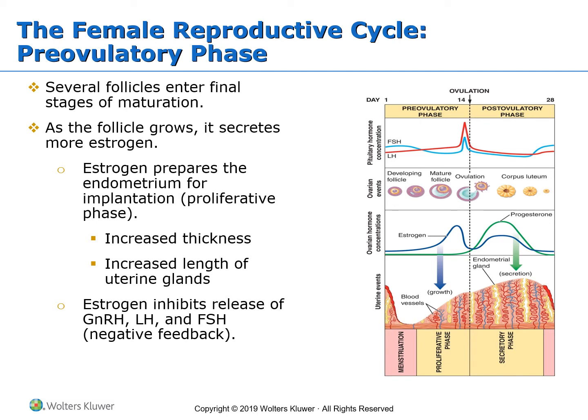While it's growing, the follicle will start secreting increasing amounts of the ovarian hormone called estrogen. Now look at the third row from the top, and you can see how, along with the maturation and accumulation of fluids inside the follicle, there is an increase of estrogen up to a point very close to the moment of ovulation, when it reaches the top. It's the maximum of the secretion of estrogen.